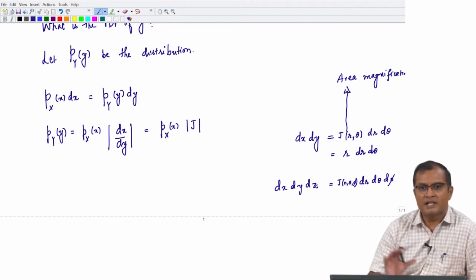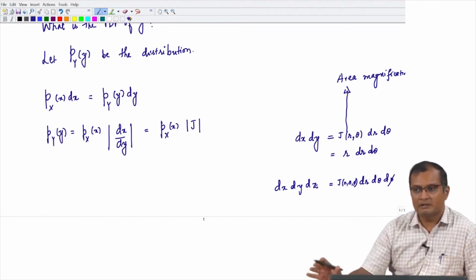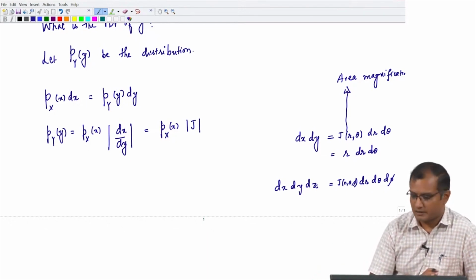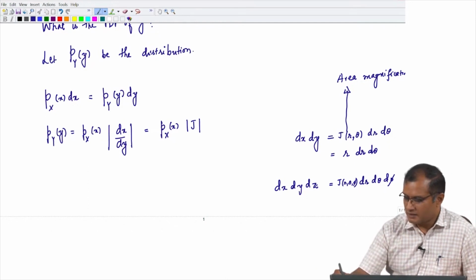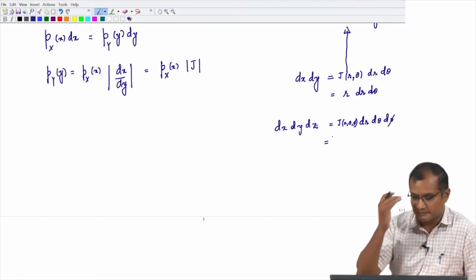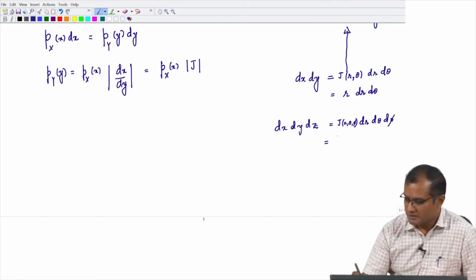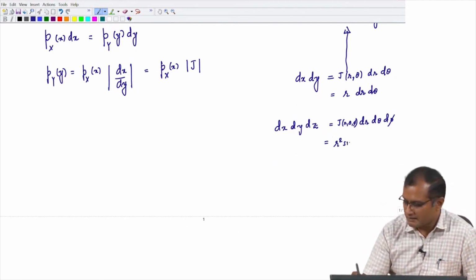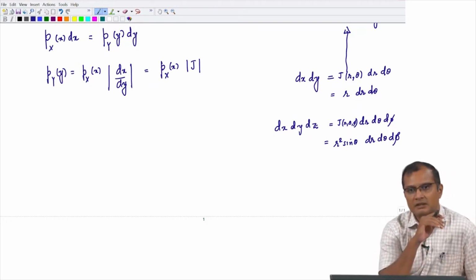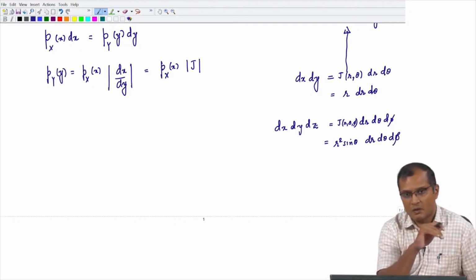This will give me how the volume element in spherical polar coordinates is related to the volume element in Cartesian coordinates. If you do the calculation, which I will defer to the assignment, this will come out to be r square sin theta. So, in some sense the Jacobian r square sin theta is the volume amplification factor of the coordinate transformation here.